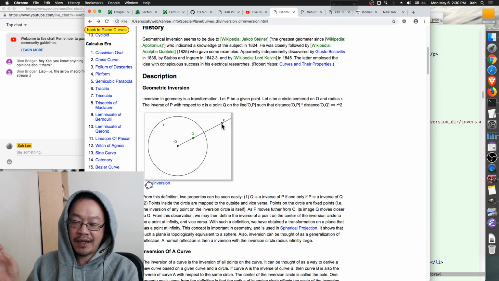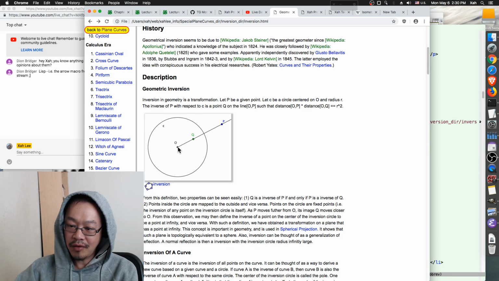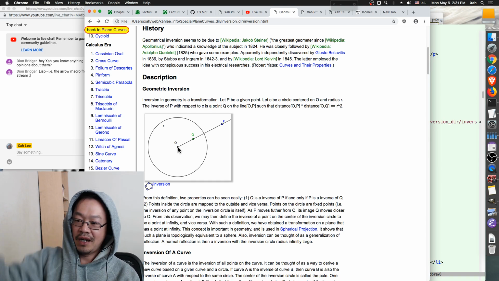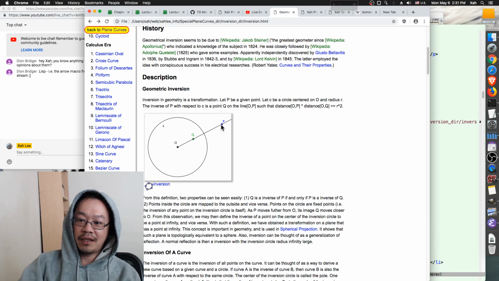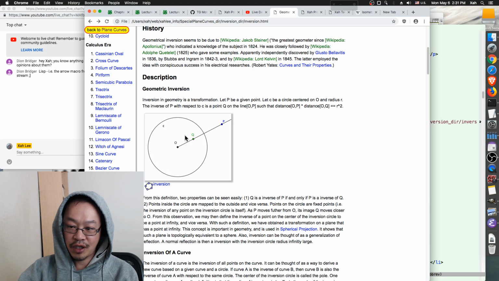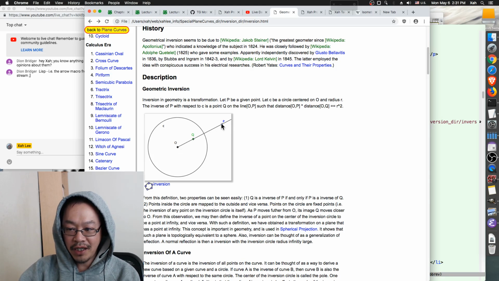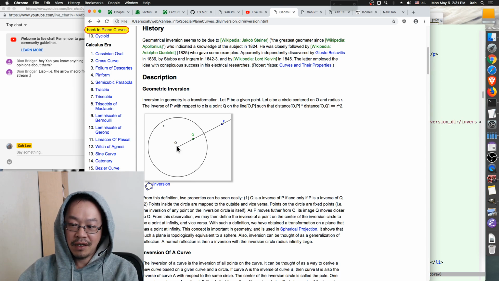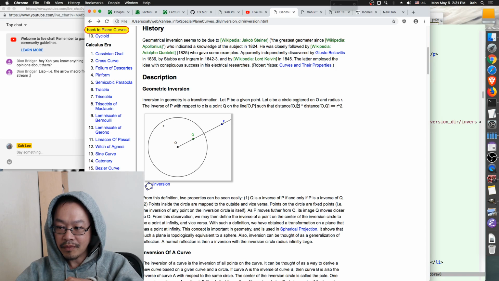The way you find it out is that you draw a line from point O, the center of the circle, to P. Then you have a distance O to P. The new point, which is the inversion of P, is a point Q such that the distance OP multiplied by the distance OQ is equal to r squared. This formula.